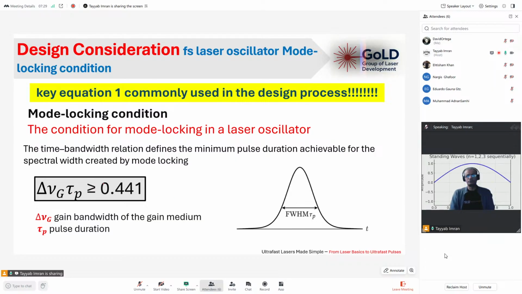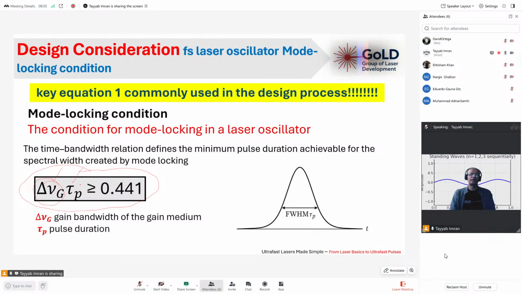In this equation you can see two things, tau and the gain bandwidth. The first thing shows the gain bandwidth.